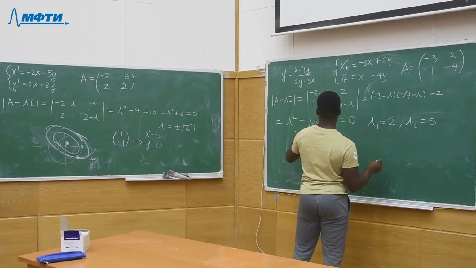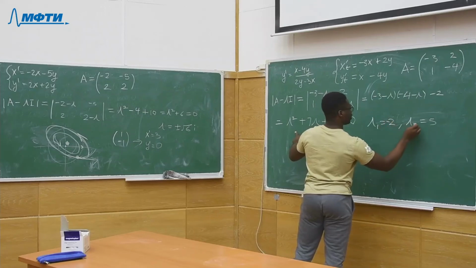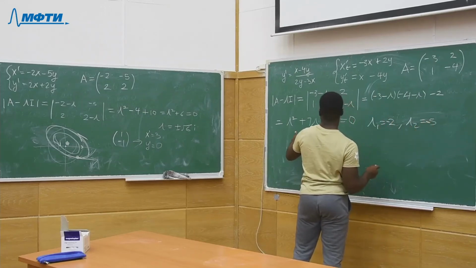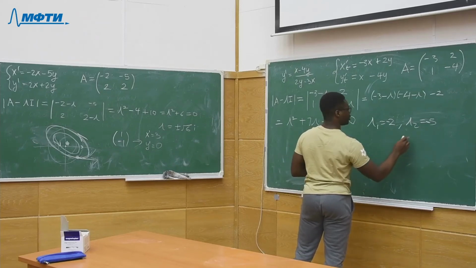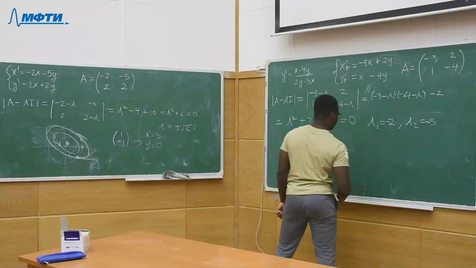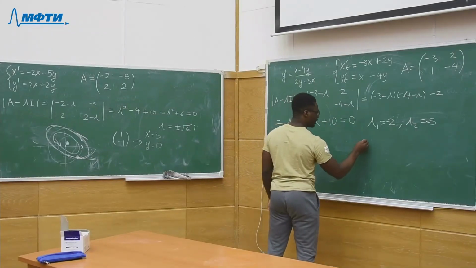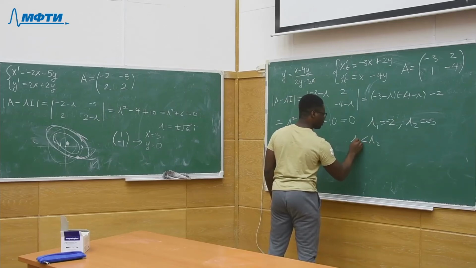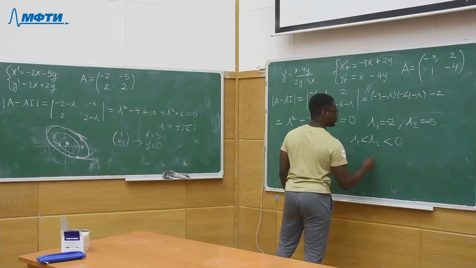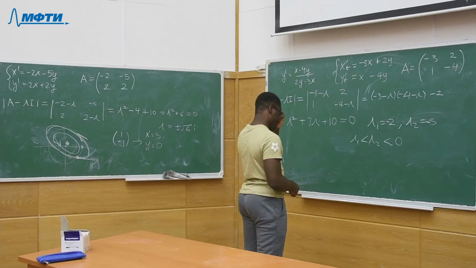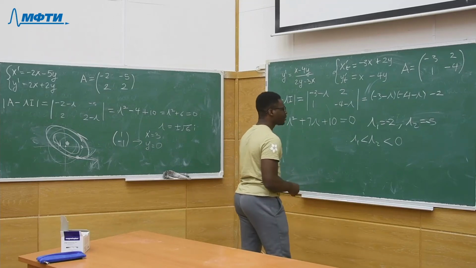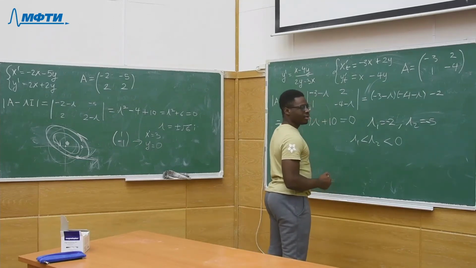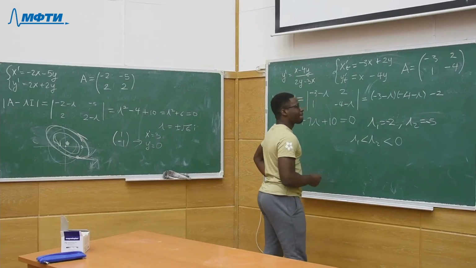Lambda must be negative 2 and negative 5. So we have different real eigenvalues and both negative.